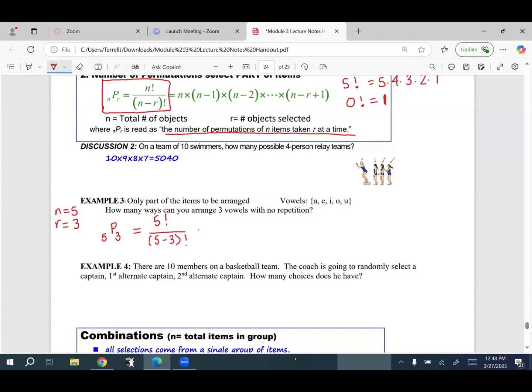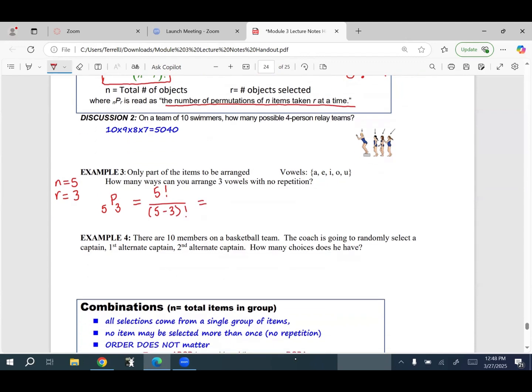And so how would I solve or simplify here? Well, 5 factorial, let's leave that on top, over 5 minus 3 is 2 with the factorial. And we know 5 factorial is 5 times 4 times 3 times, I'm going to stop here at 2 factorial. 2 factorial means 2 times 1.